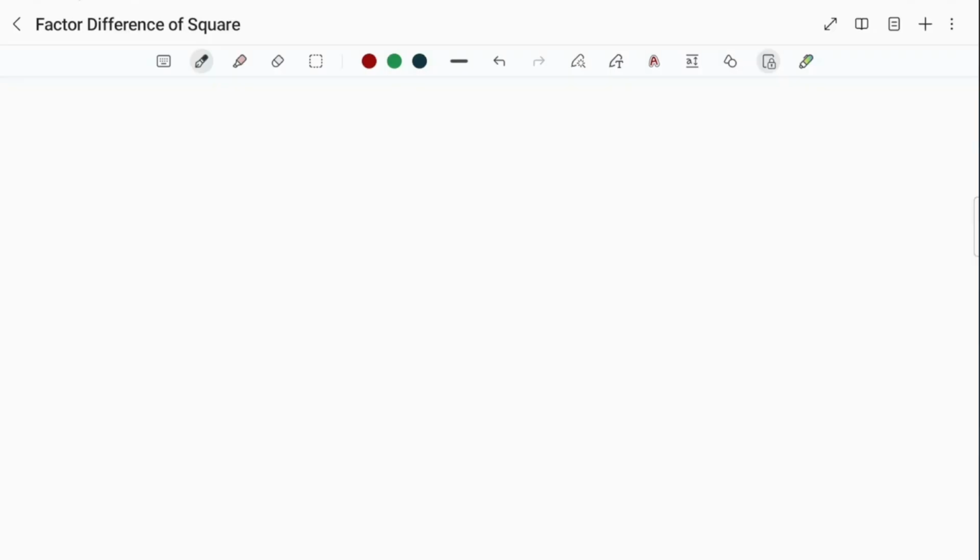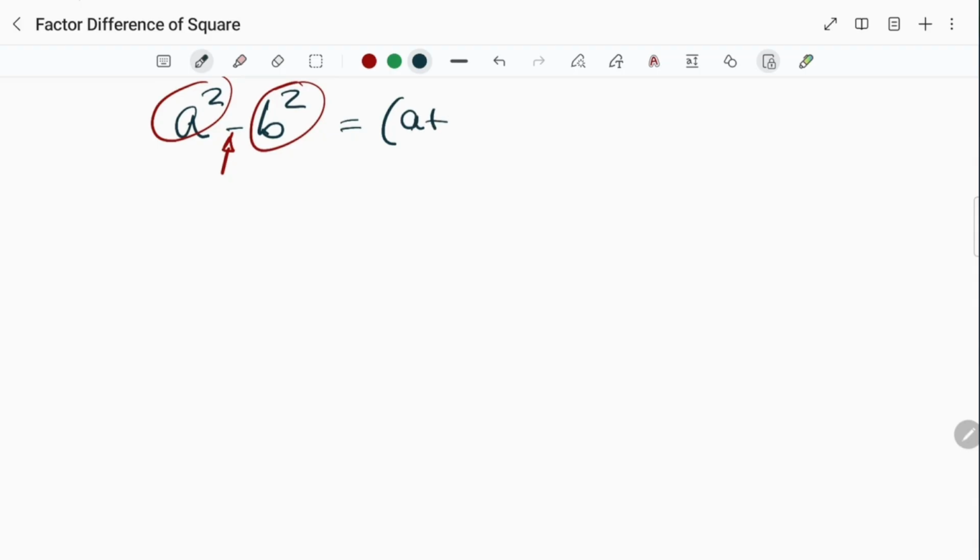The difference of the square, guys, looks like this. It is a to the square minus b to the square in general terms. And when we solve it, that difference of the square, our answer will be a plus b times a minus b.